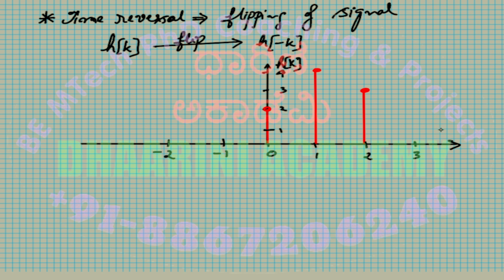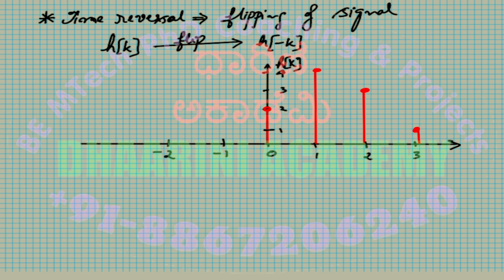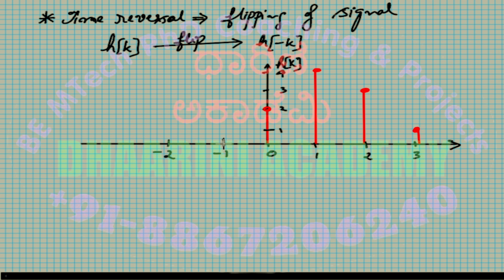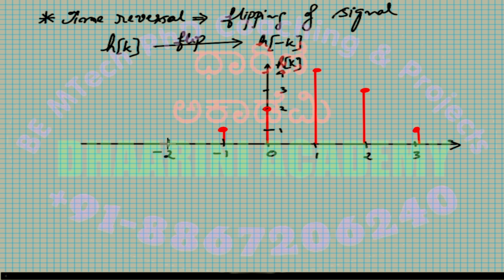And at 3, the signal's value is 1. I'll also assume some values on the other side. At -1, the value is 1, and at -2, let us assume it has a value equal to 4.